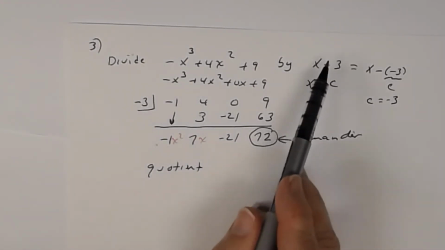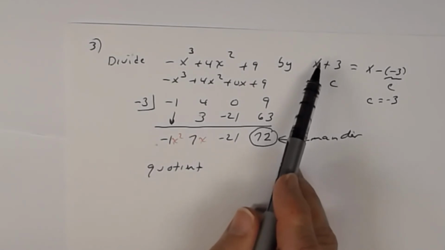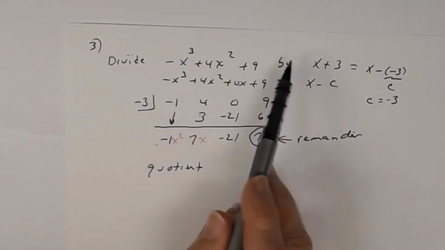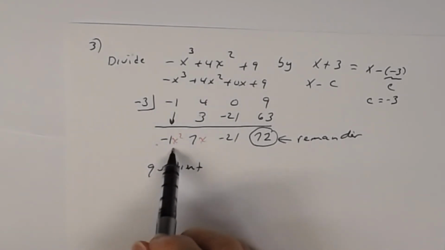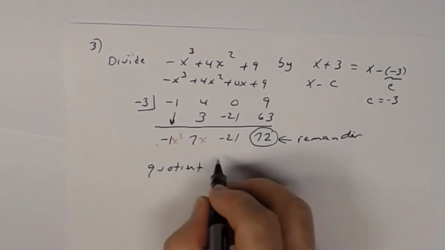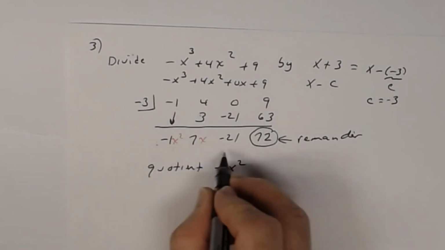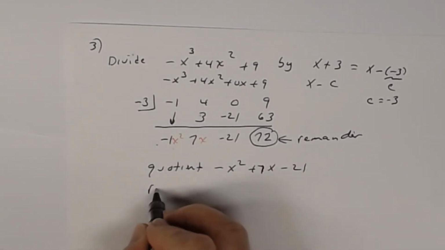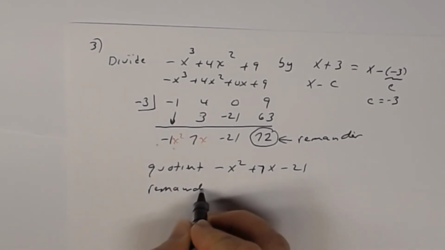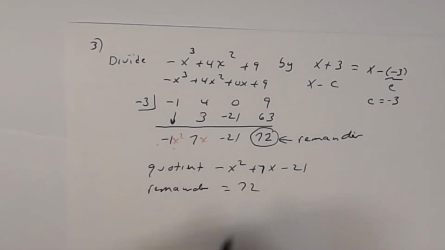The reason for that is because the degree here is 1. So x cubed divided by x is always going to be x squared. Okay? So your quotient is going to be negative x squared plus 7x minus 21. And your remainder is going to be 72.